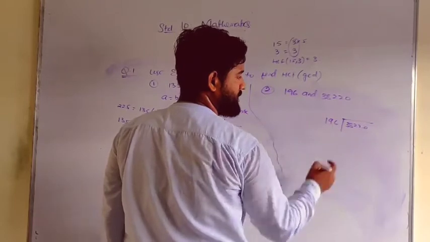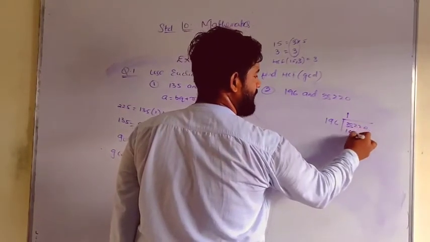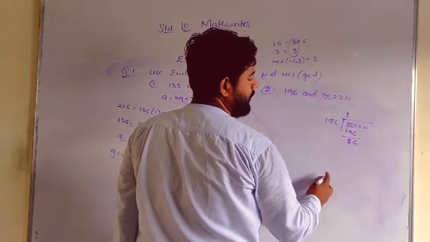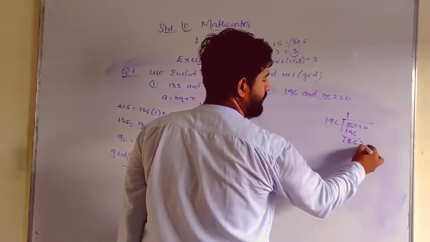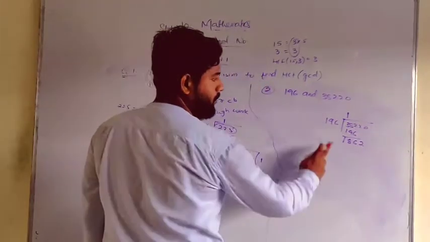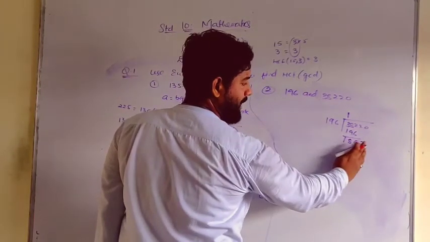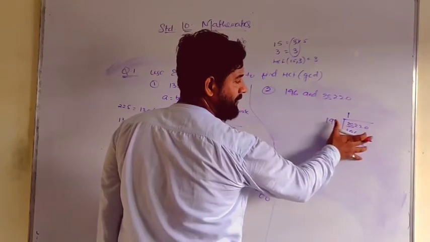Read close towards 196. 196 ones are 196, then you take the next digits and carry, and you have to go closest to 186.